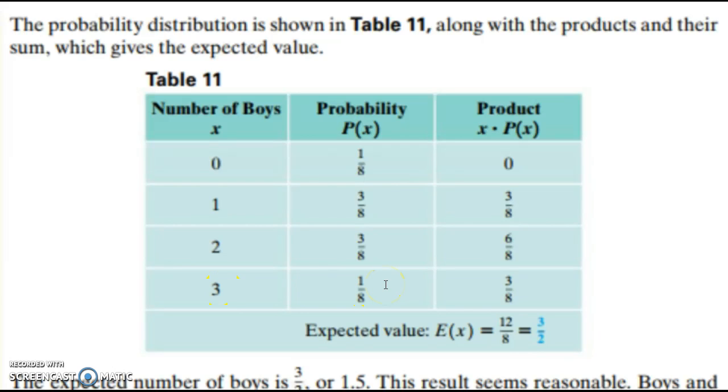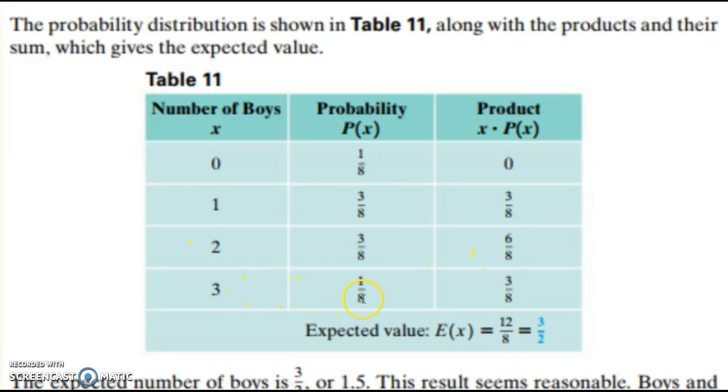So when we find expected value, what we do is we take the probability of each one times the number of children here in this instance. So the probability 1/8 times 0 is just 0 here. 3/8 times 1 is 3/8. 3/8 times 2 is 6/8.